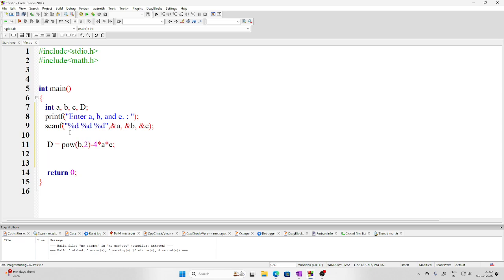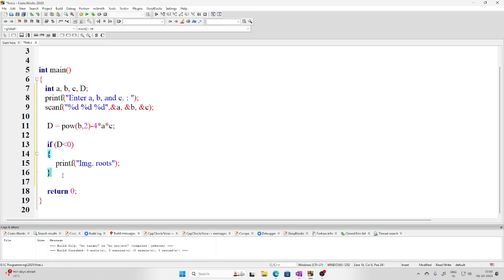That's it. Now check if the discriminant is less than 0. If the discriminant is less than 0, then what? Printf imaginary roots. Okay. Now if the discriminant is not less than 0, then there are two possibilities.